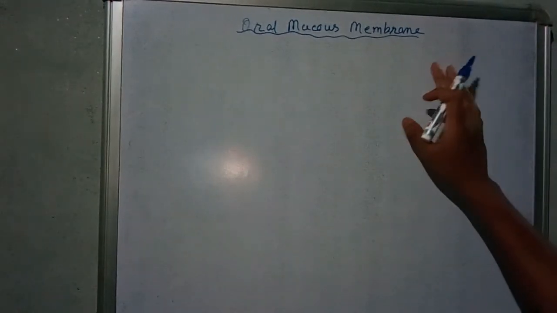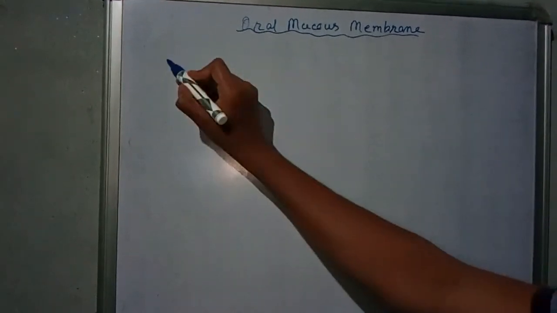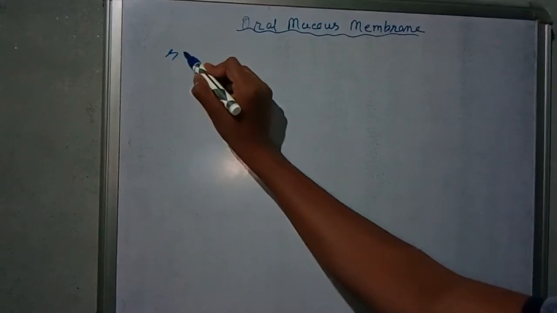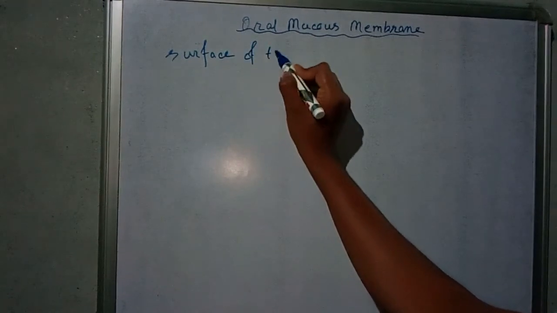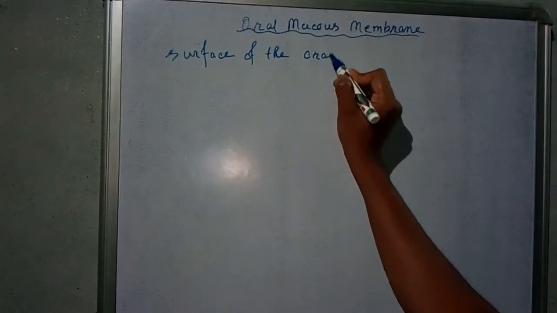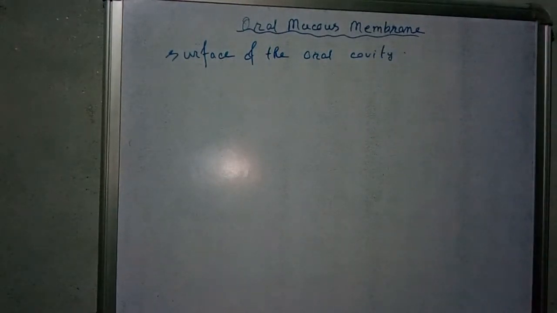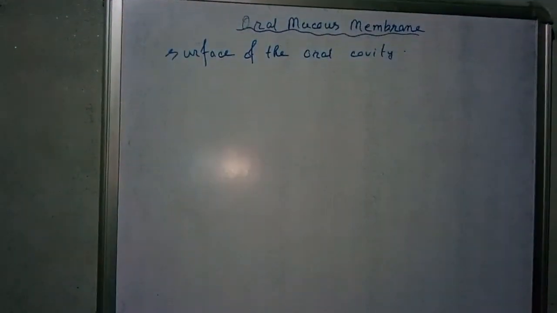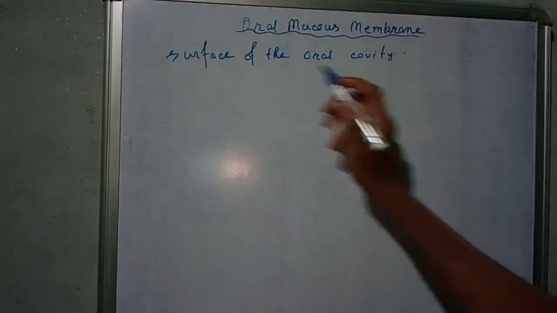The oral mucous membrane is the surface of the oral cavity. The surface of the oral cavity is known as the oral mucous membrane.